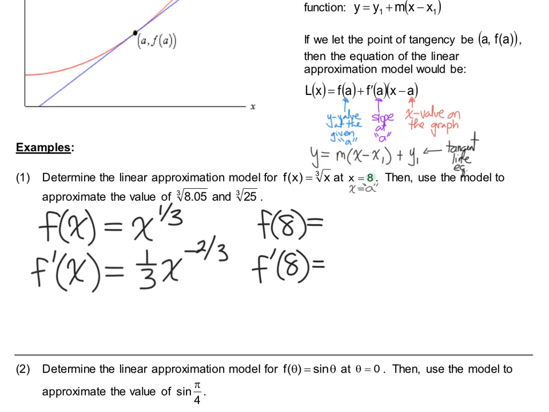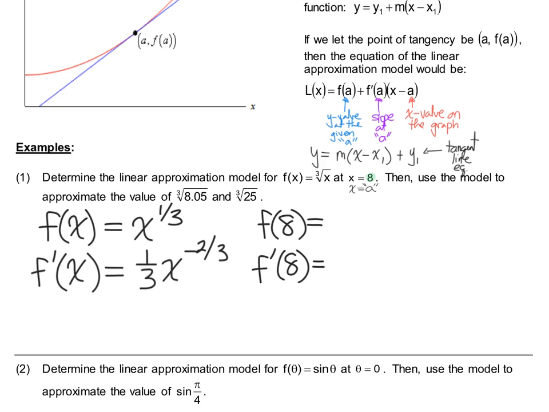But if they just told me to find the cube root of 8.05, I would be looking for the nearest perfect cube to 8.05, which would be 8. That's why 8 was selected here. If I had a choice, when I'm looking for the cube root of 25, I would look for the nearest perfect cube to 25, which would be what? 27, yeah. So that's kind of the idea behind it.